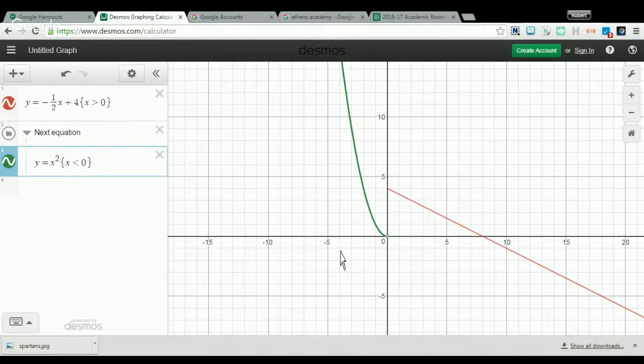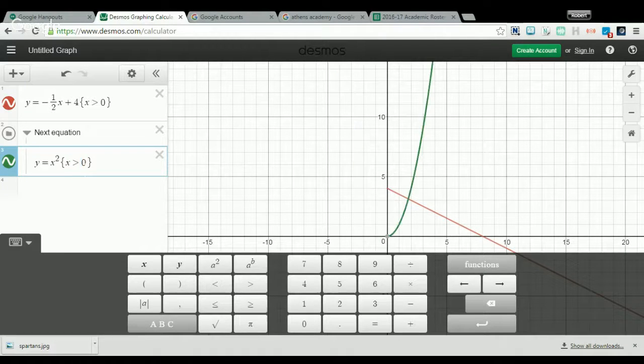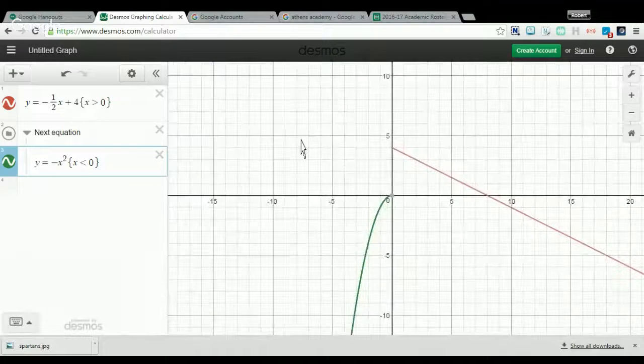So I could write this using f of x in my two things. Watch. Here, less than is on the right. Less than is on the left. Greater than is on the right. If I want it to turn down, put a negative in front of it. Now it opens down.